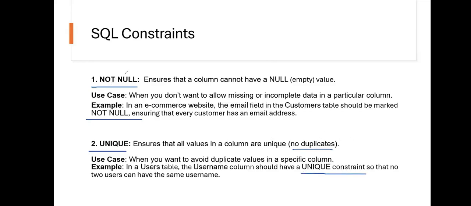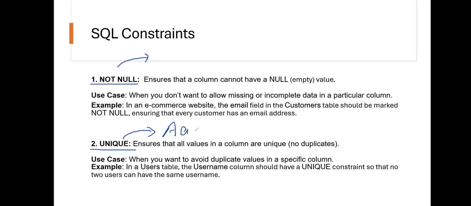Can you give me a real life example of not null and unique constraint? See, unique, I'll give you an example. Your Aadhaar card has to be unique. In a bank account, the account number has to be unique. There cannot be duplicate account numbers.